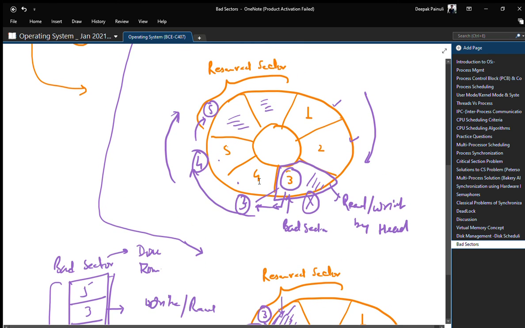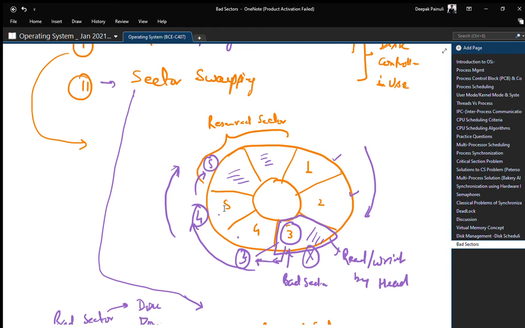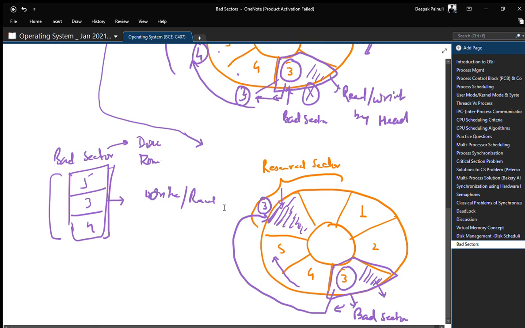In the first one, the former, we need to disturb all the sectors coming after the bad sector. That means there will be calculation overhead, right? We need to calculate the number of indexes we have after the bad sector, and we need to rename or reindex those sector numbers throughout the disk. But in case of sector slipping, we need not disturb sector numbers.